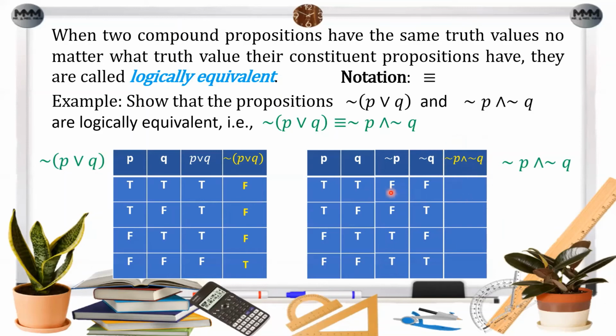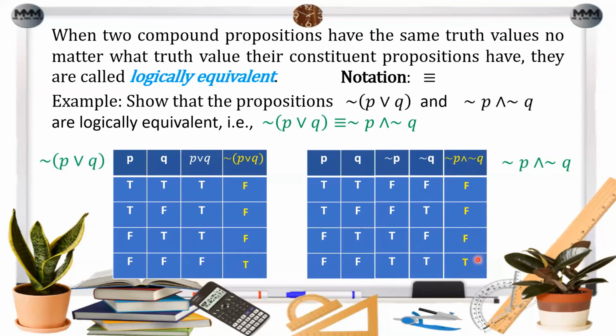Here, as you can see, they are both F, so obviously it's F. Here, they are not both true, they are different. For the and connective, you can only have true when both propositions have true truth value. So obviously this is F and the next one is F. And here they are both true, so for the and connective, it becomes true. So we have here the truth values of this compound proposition.